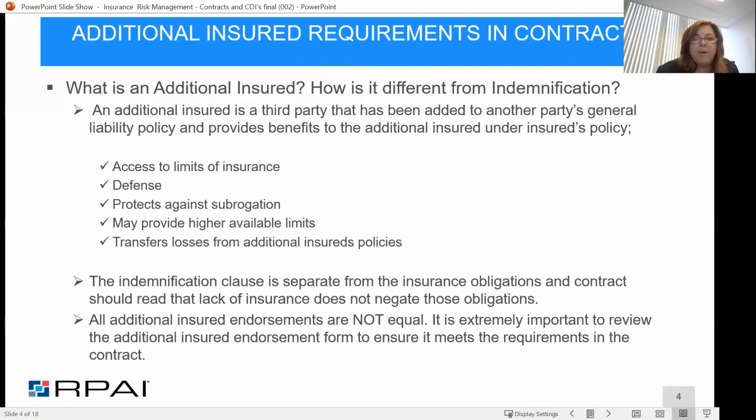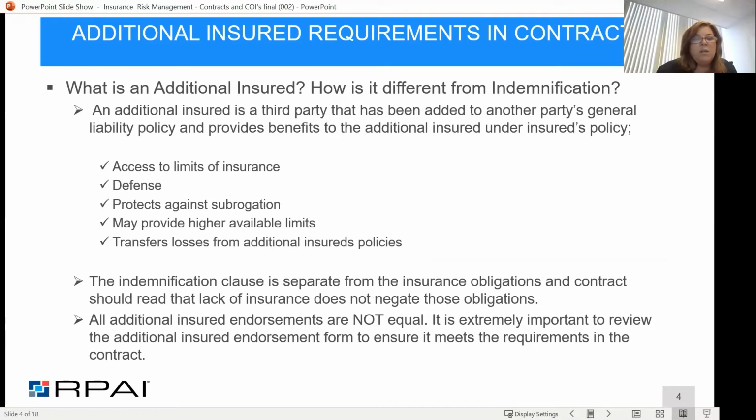And we can talk about what the difference is between an additional insured and an indemnification clause. I think the problem that sometimes occurs in contracts is that people pay attention to one or the other, and you really need to pay attention to both.